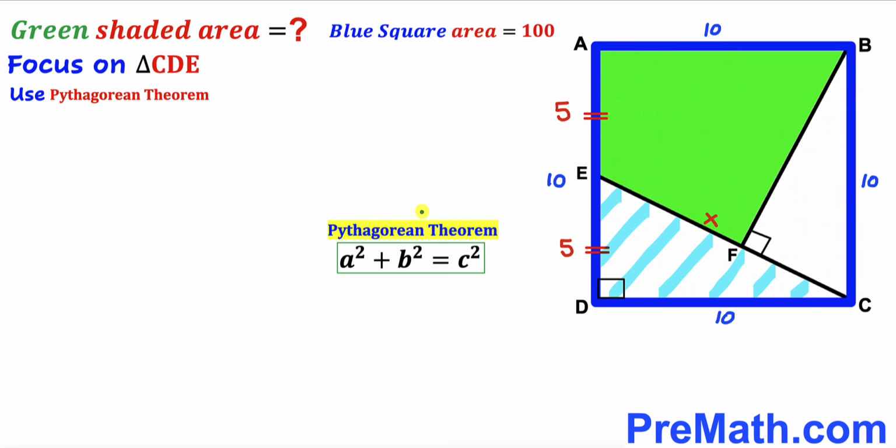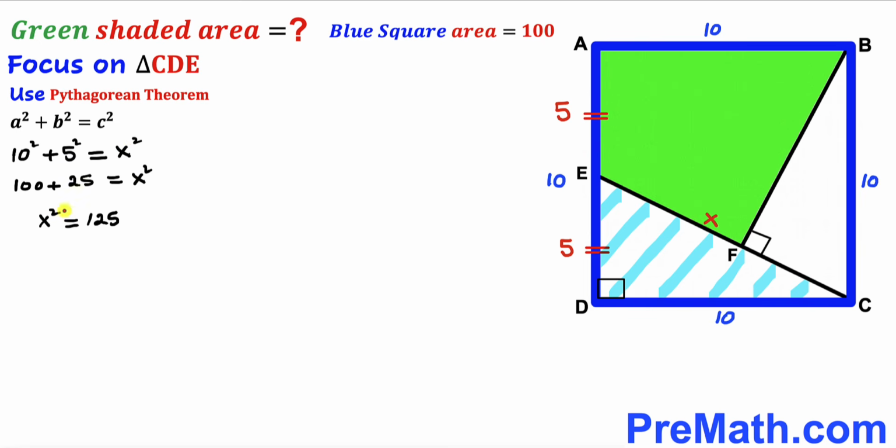Here is our Pythagorean theorem: a squared plus b squared equals c squared. In our case, our hypotenuse is x, whereas our two other legs are 10 and 5. Let's fill in the blanks in this formula. So we have 10 squared plus 5 squared equals x squared. Now I'm going to undo this square by taking the square root on both sides.